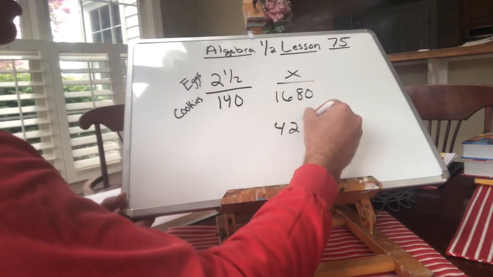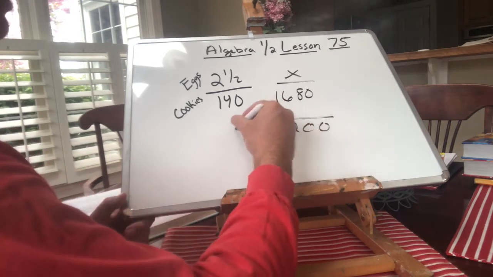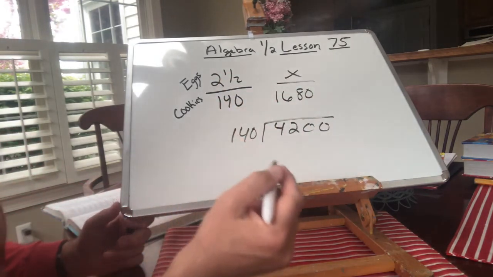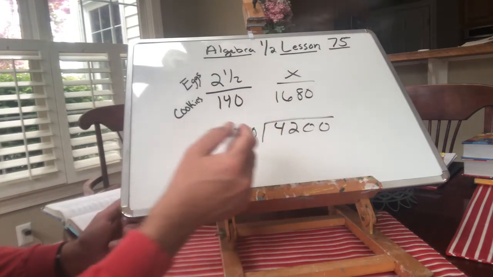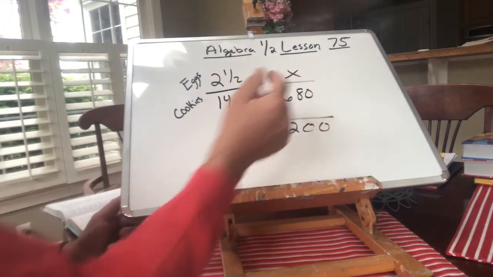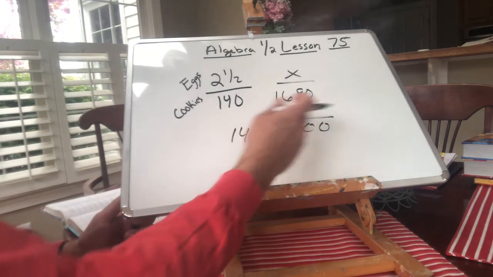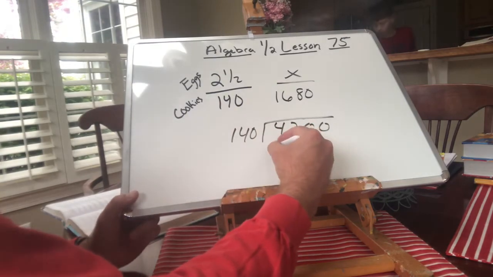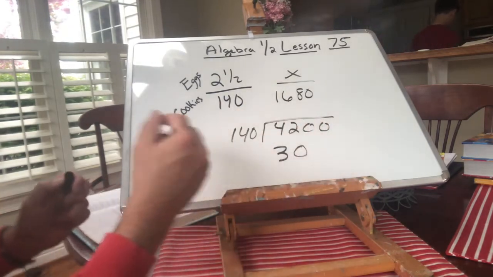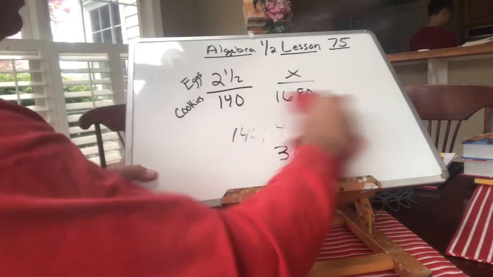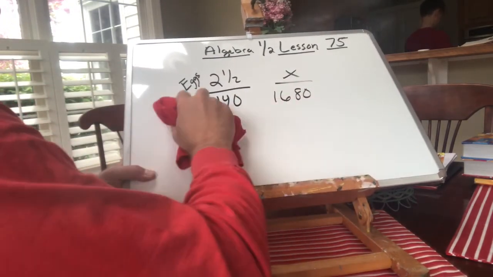So 4,200 divided by 140 will give you your answer of how many eggs you will need to make 1,680 cookies. And after you divide this out, your answer is 30 eggs, according to the book. I didn't have to do it out. I'm just going with what the book says.